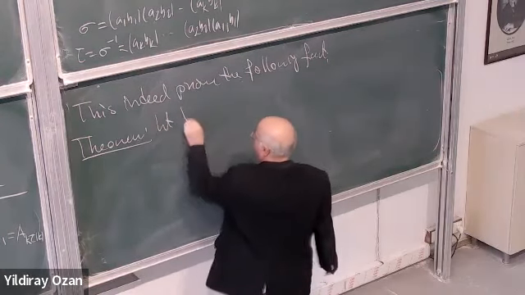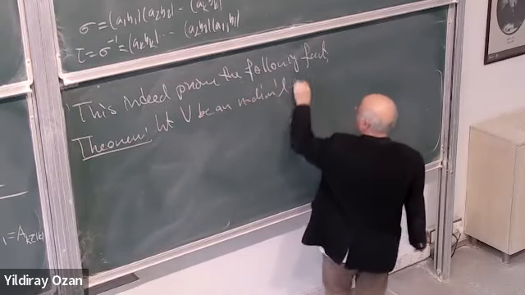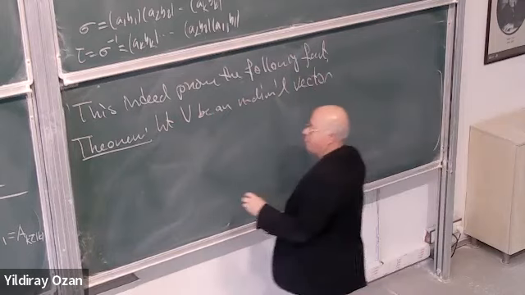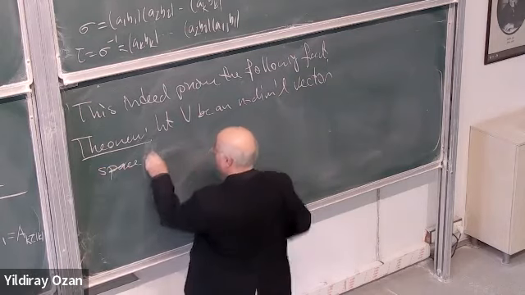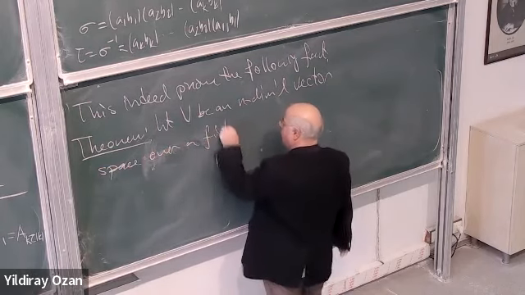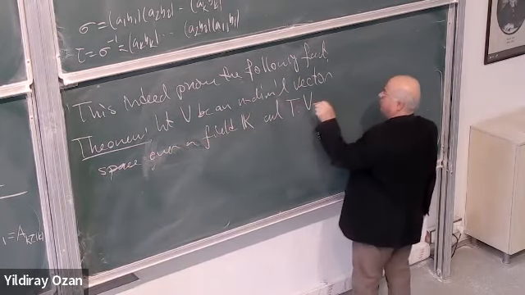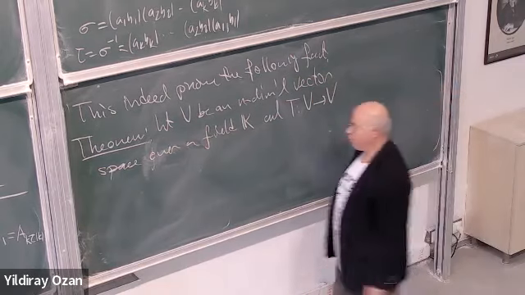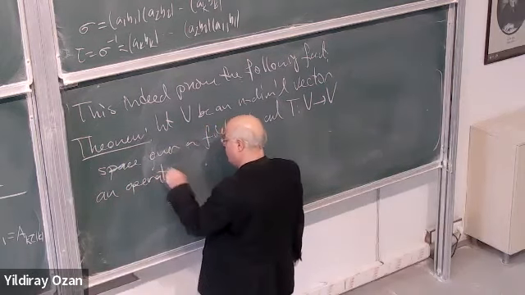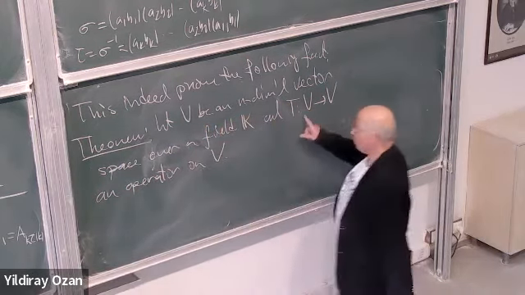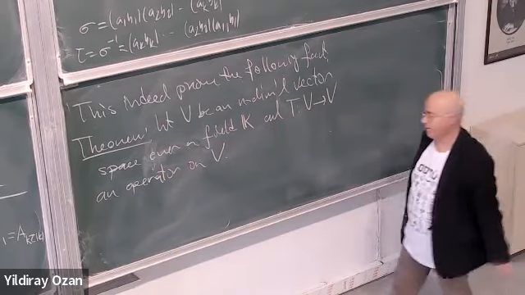Let V be an n-dimensional vector space over the field K and T an operator on V. So it's an operator on V, okay? It's from V to V, not anywhere else.